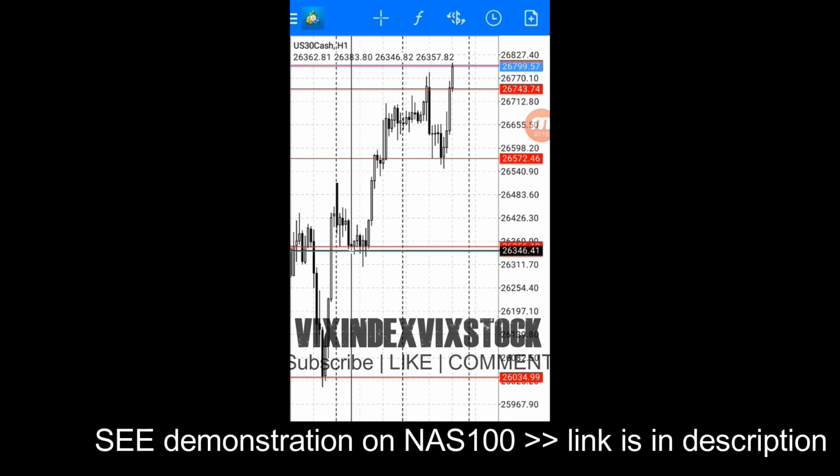So that's 1 hour, 2 hour, 3 hour, 4 hour, 5 hour, 6 hour, 7 hours. Price is hanging on this level. What do you think is going to happen? It goes up. So that's how I've been milking US30 and NAS 100 with this strategy.